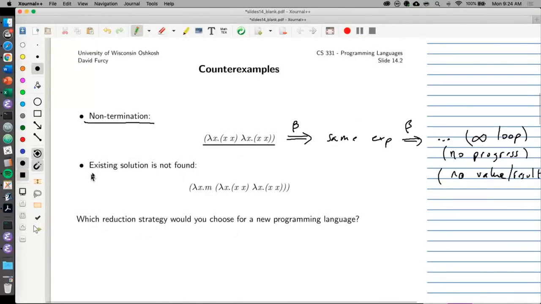Now, here is maybe an even worse example, or counterexample. So look at this lambda expression. Now, when you look at this one, you will realize that there is more than one beta redex in it. So there is a beta redex.